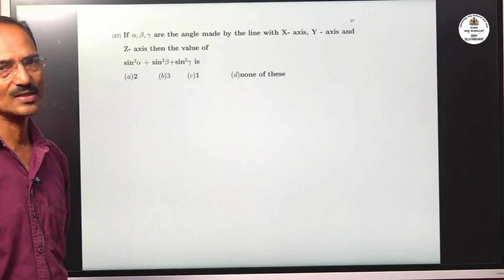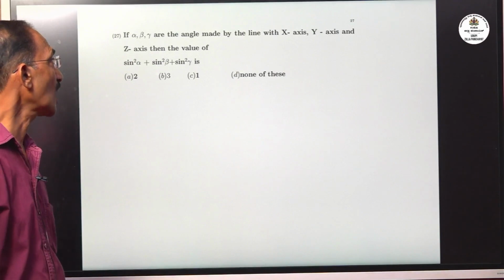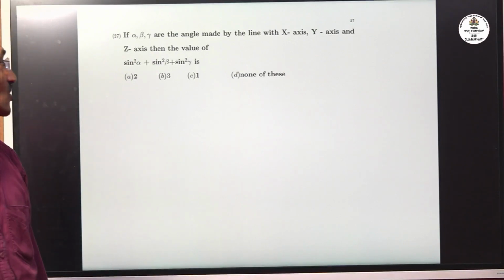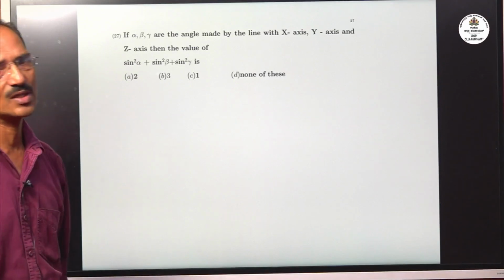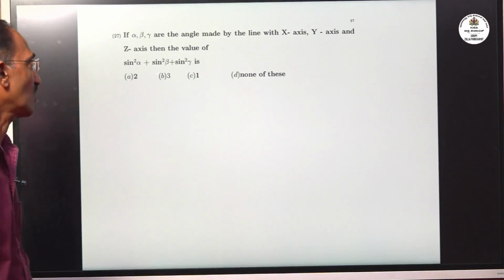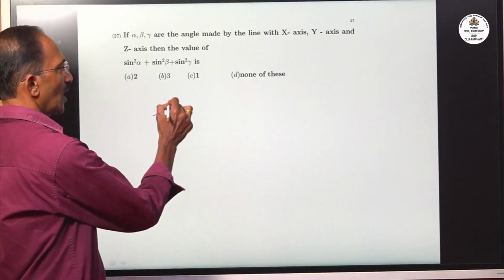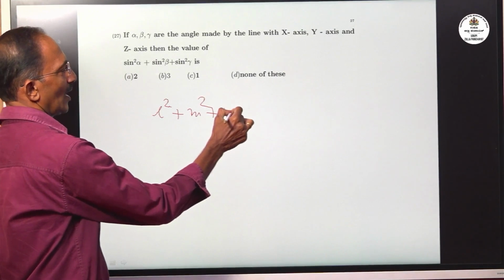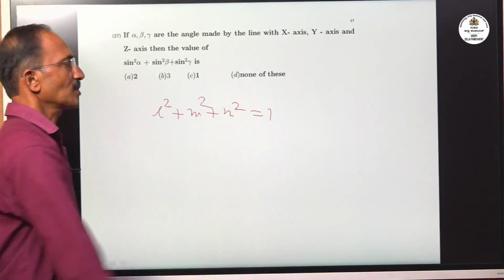Next one, 27th question. Alpha, beta, gamma are the angles made by the line with x-axis, y-axis and z-axis. Then what is the value of sin square alpha plus sin square beta plus sin square gamma? So you know for direction cosines, l square plus m square plus n square must be equal to 1.